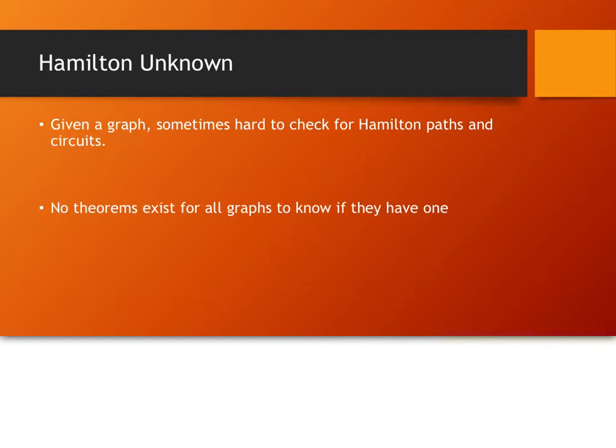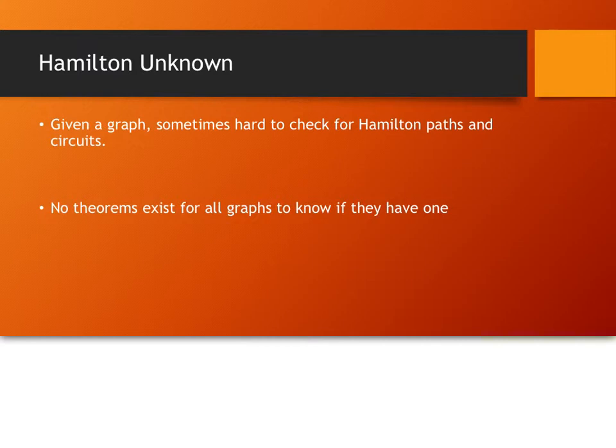And so a lot of times it's hard to check and find out whether Hamilton paths and Hamilton circuits exist. And it turns out this is a big unknown problem. There's no theorem that exists for all graphs to know if they have a Hamilton path or a Hamilton circuit. There's no nice singular theorem that encompasses every single graph.